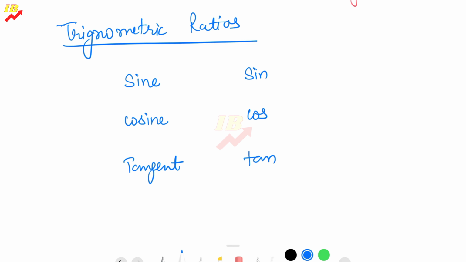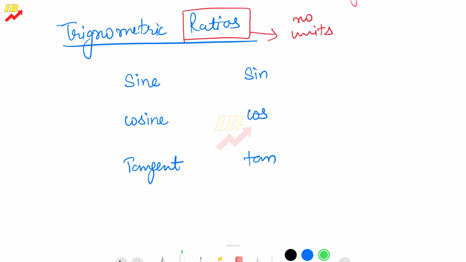As the name itself says, we are talking about ratios. Ratios do not have any units, so we are not supposed to write any unit for them, whether it is centimeter, meter, or anything, because ratios are fractional things, and a fraction does not have any unit in your solution. First thing is this.